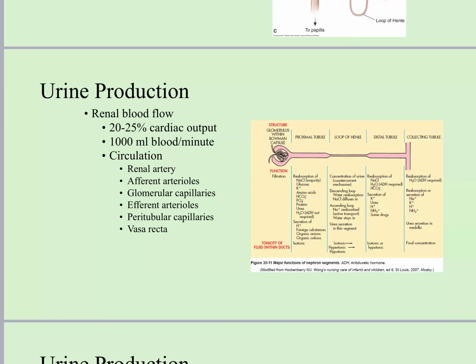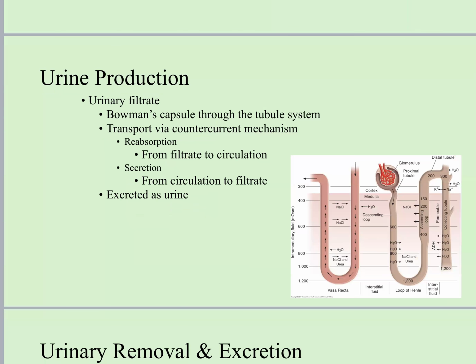So finally, the final adjustment in urine concentration is controlled by hormones. Remember, we have aldosterone, which will take up sodium and keep it in the body and kick potassium out.